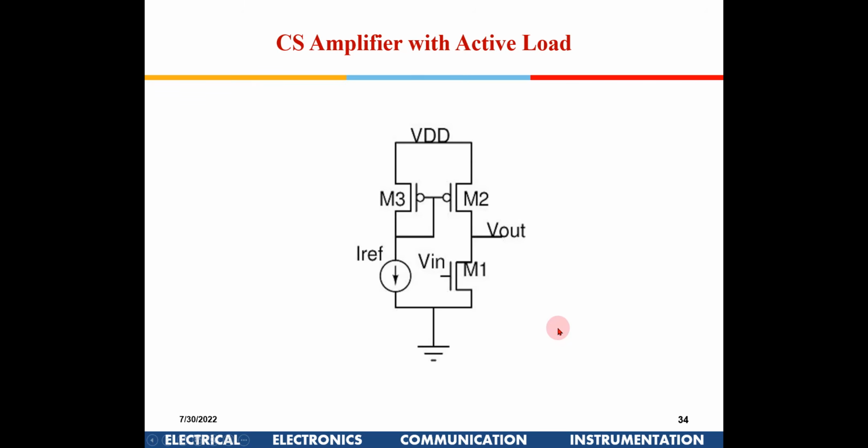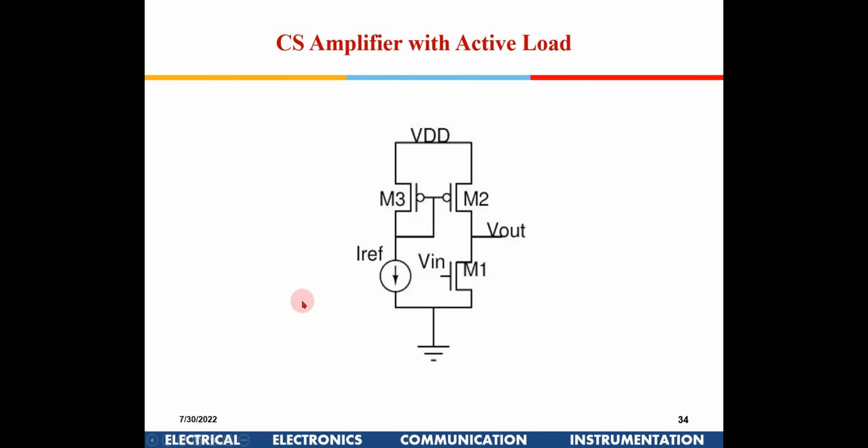Now this is the constant current source circuit. This is our main transistor out here. Here, this is I reference. I reference is a reference current which is independent of VDD variations and independent of temperature variations.